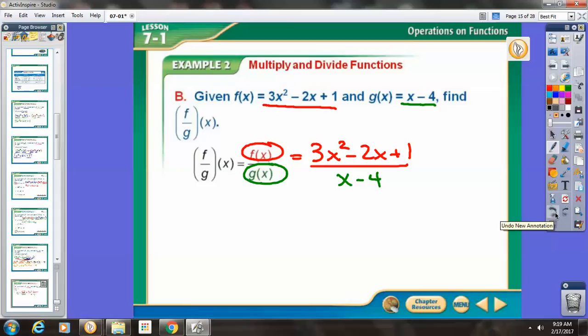So we need to make sure that we state that x could be anything except 4. So we're just going to put a little comma or semicolon there, and I'm going to say x cannot equal 4. You have to give that exception. Okay, when you're doing these dividing the functions, you have to state what x could not be.